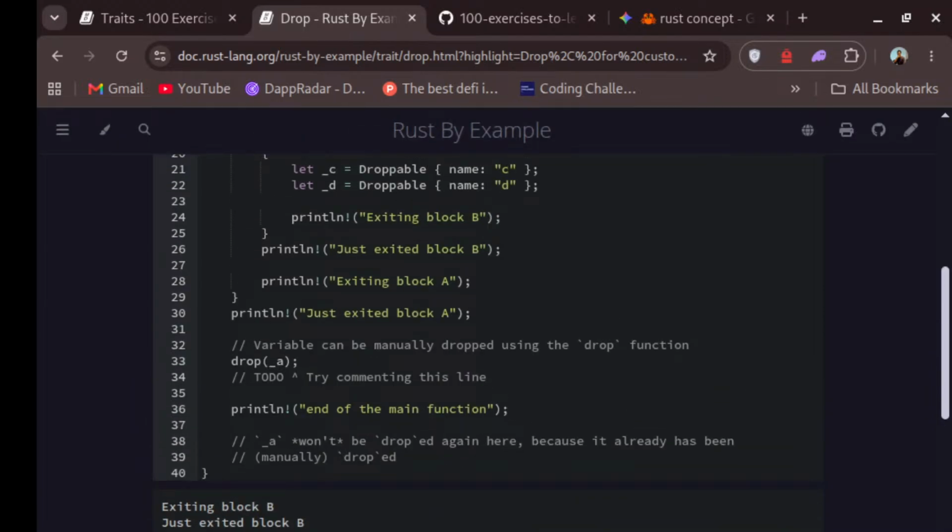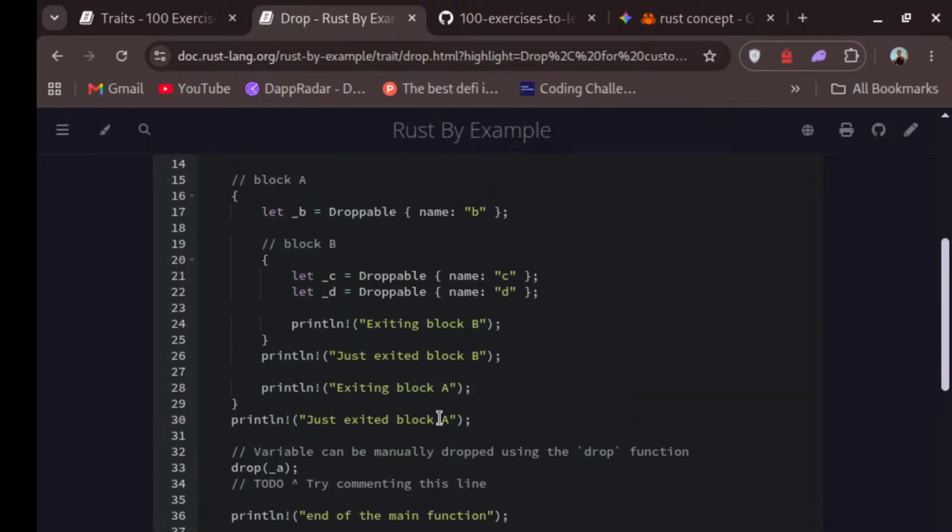Okay, that means executing block B, exit block B. First line is this.